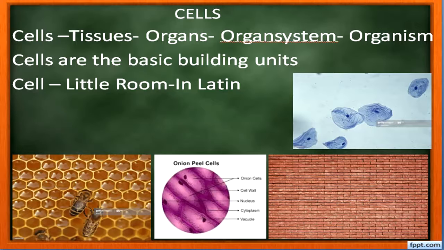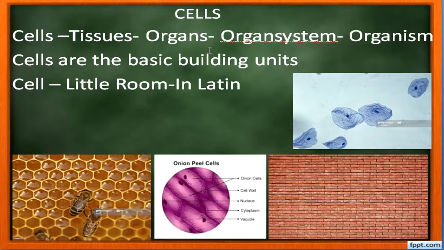Because if you take an entire wall, as I have shown in the picture, it is made up of bricks. So as many bricks join together to form an entire wall, in the same way many cells group to form tissues. Many tissues group to form organs.